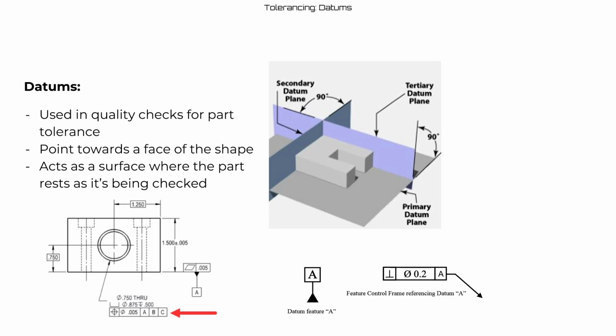Let's just say datum B is the side, and datum C is the top. So the part is going to be constrained within that certain area: sitting on a flat surface, against a horizontal surface, and a top surface, which will constrain it and allow some kind of machine to do quality checks.